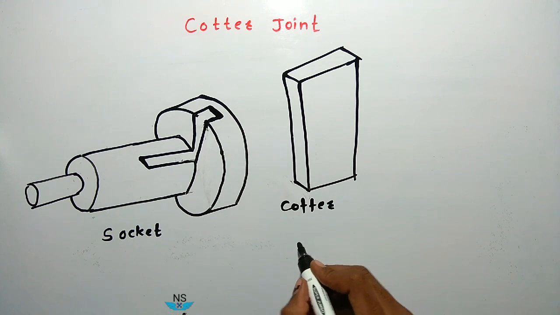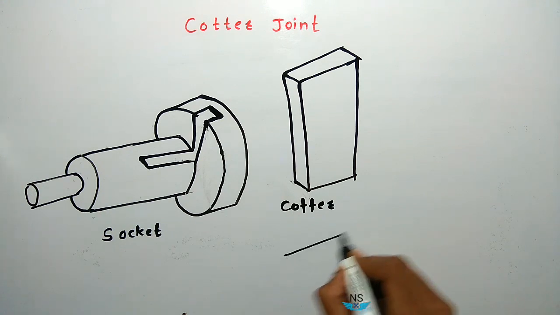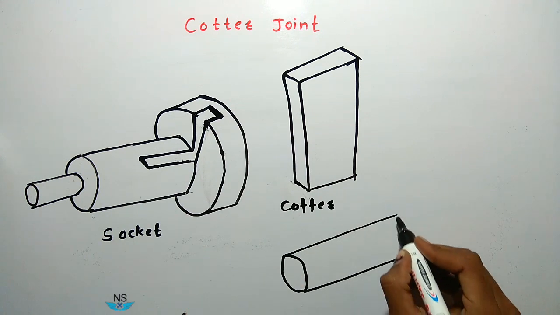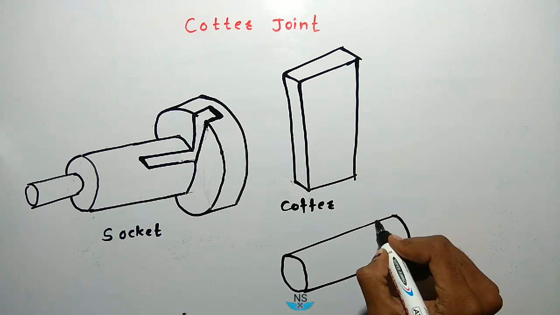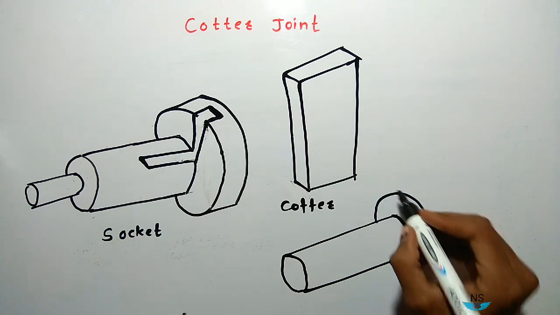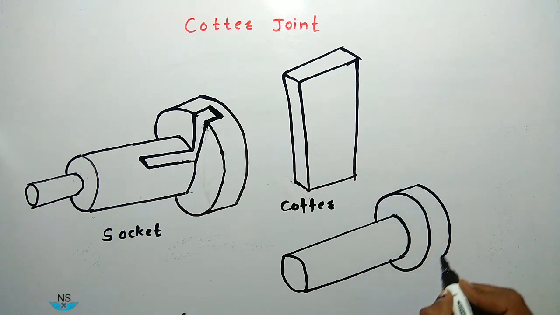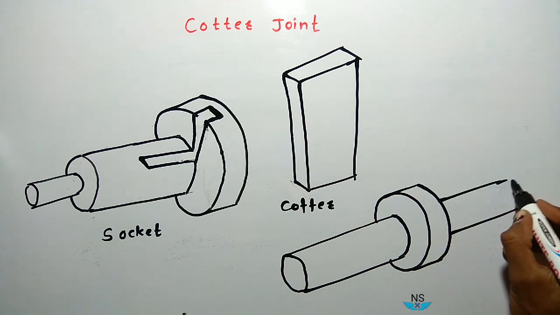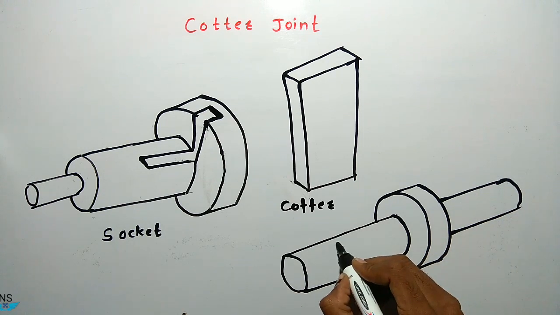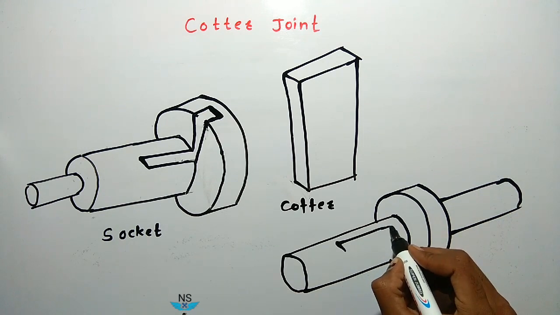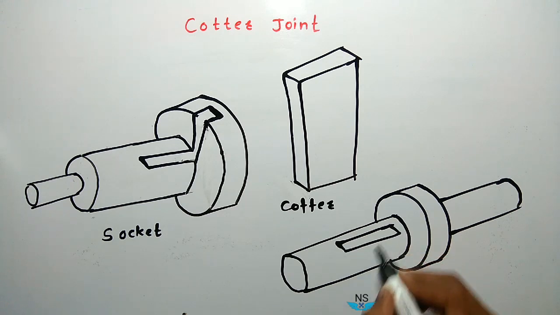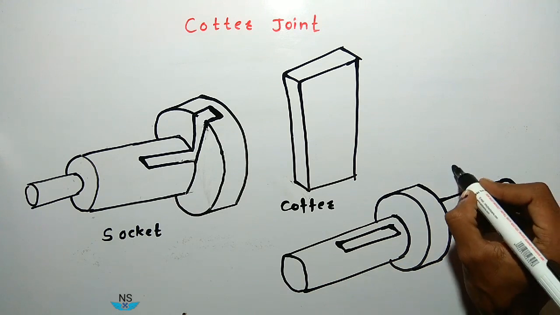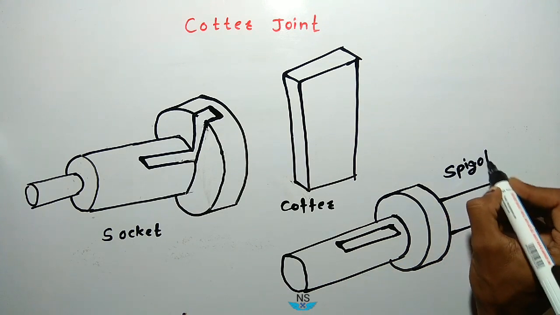Now let us see how the spigot looks in 3D. So this is the spigot, and this is the slot for the cutter.